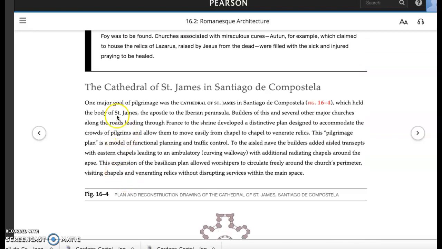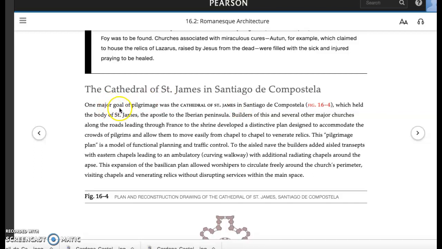So here they explain the importance of the Cathedral of St. James as a major goal of pilgrimage because it had the body of St. James. And then what did that mean in terms of the way the building was designed?